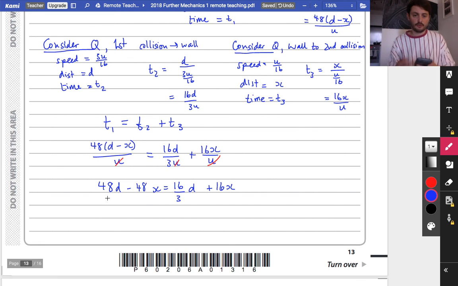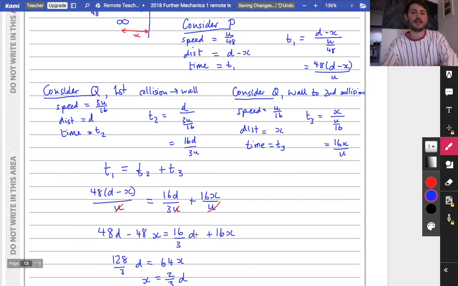I get 48d minus 16 over 3 d, which is 128 over 3 d, and that is equal to 64x. So if I divide both sides by 64, I get that x is equal to 2/3 d.